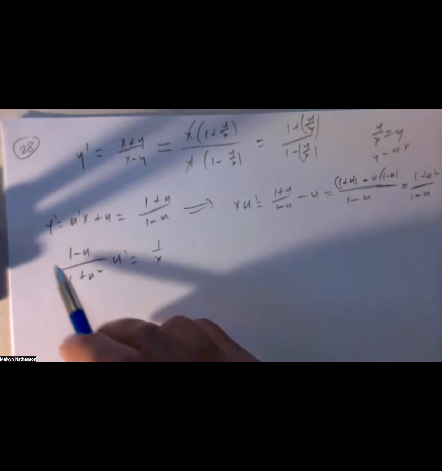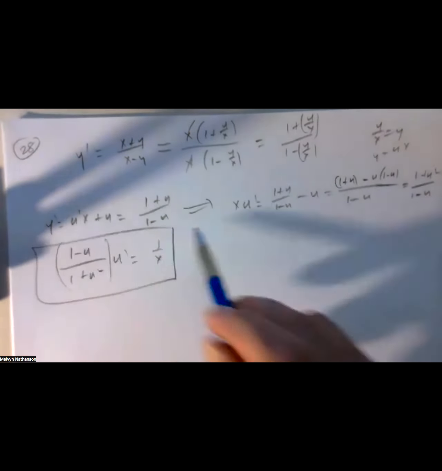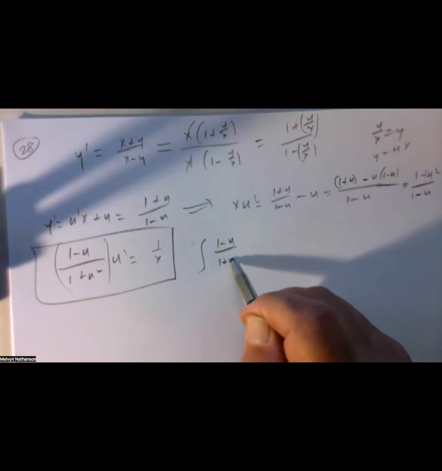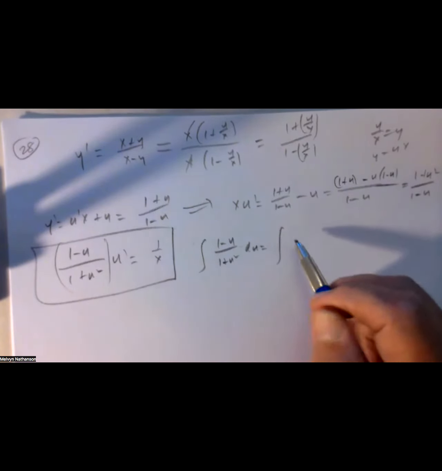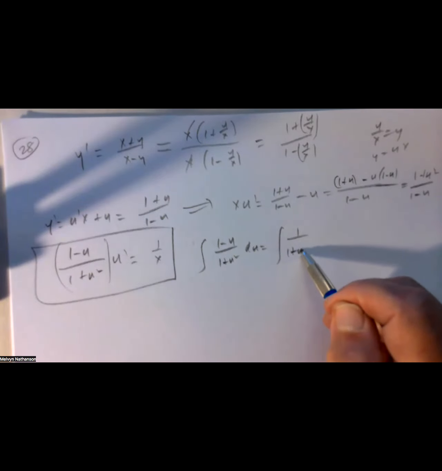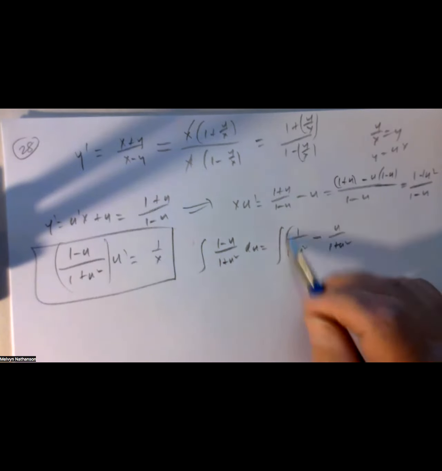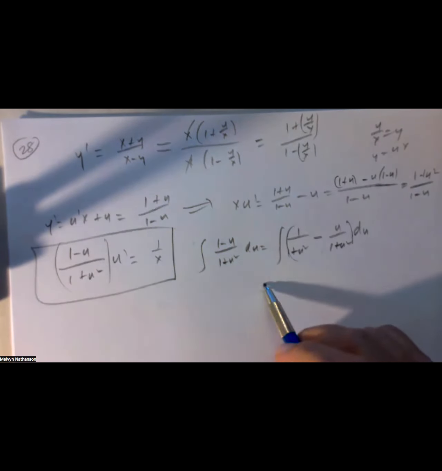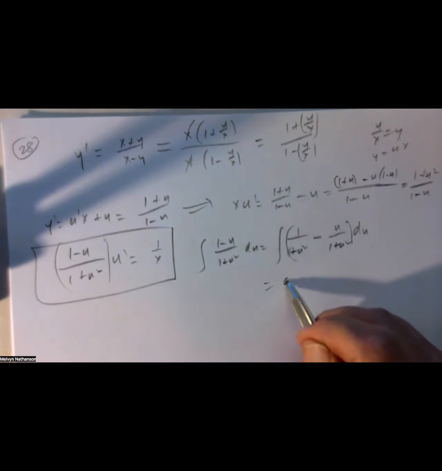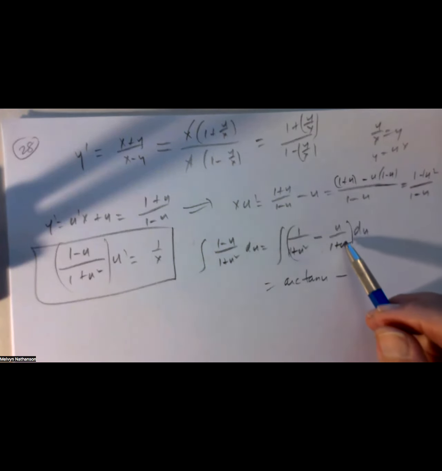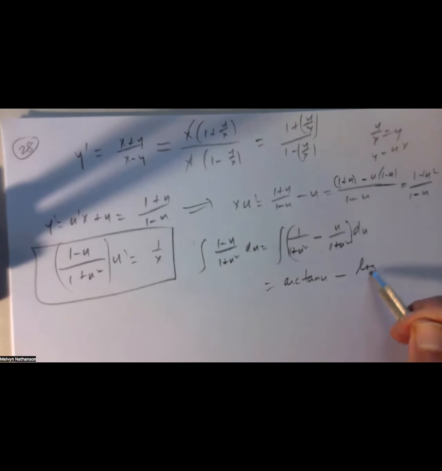Can I integrate 1 minus u over 1 plus u squared? Let's see. The integral of 1 minus u over 1 plus u squared du is the integral of 1 over 1 plus u squared minus u over 1 plus u squared. The integral of 1 over 1 plus u squared is the arctangent of u, and the integral of u over 1 plus u squared is the log of 1 plus u squared.